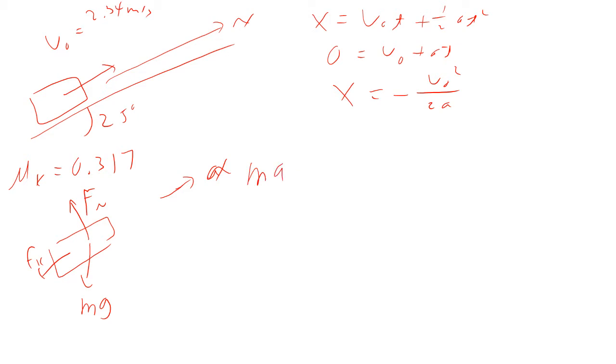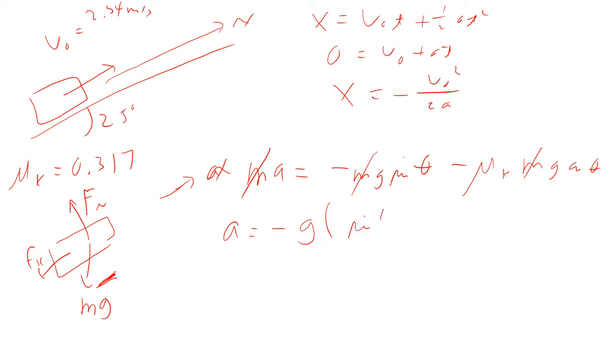So ma is going to be equal to minus mg sine theta, that's going to be this component right here, minus mu sub k times the normal. The normal in this case is mg cosine theta. So the m's all cancel. And so a is going to be minus g times sine theta plus mu sub k cosine theta.